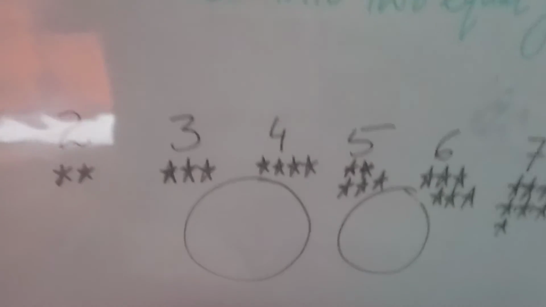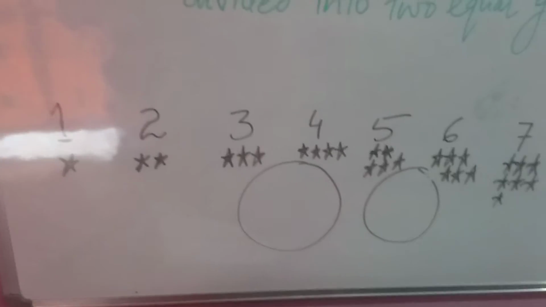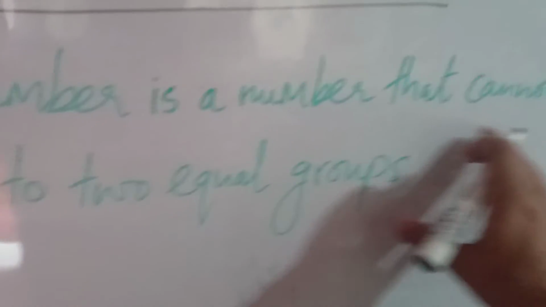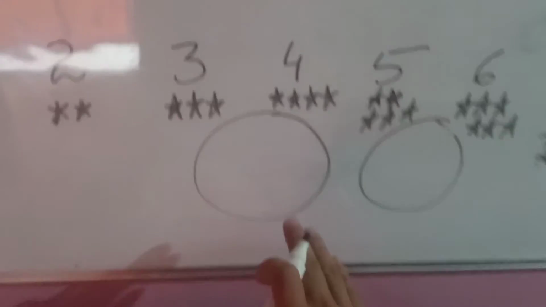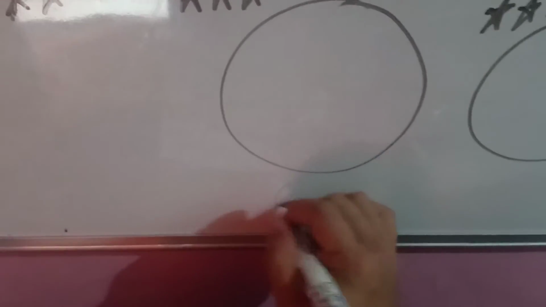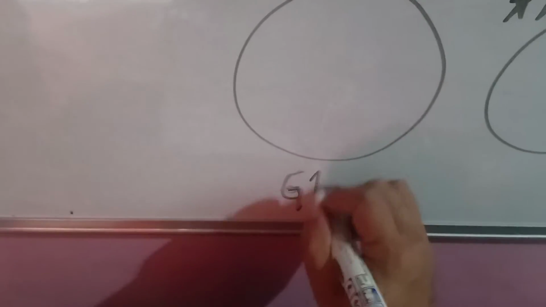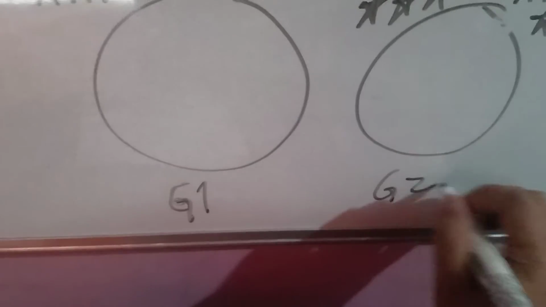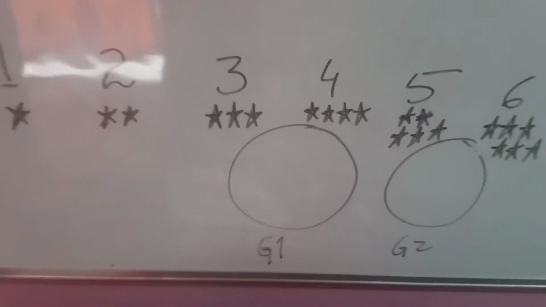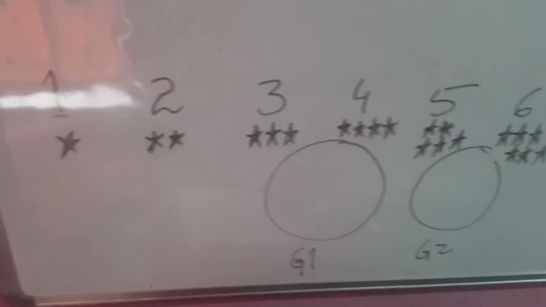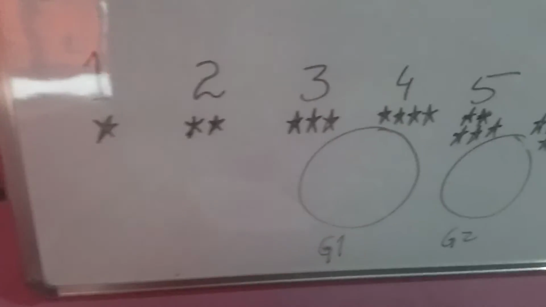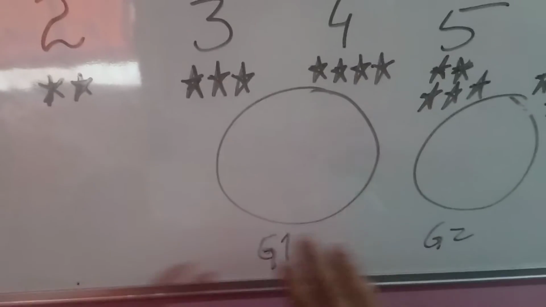So we have to find out whether these numbers are odd or even. We'll divide them into two equal groups. This is group 1 and group 2, we'll write G1 and G2.